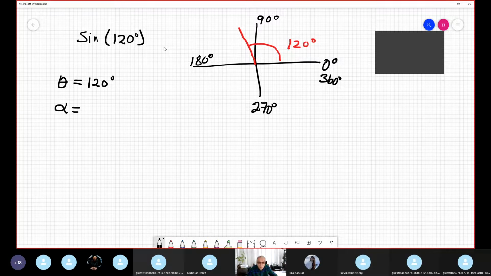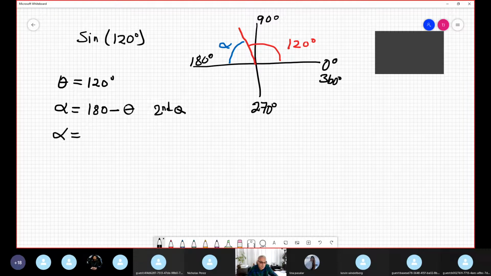Okay, alpha has a formula, but it's easy. Remember that it's the acute angle in between the terminal side and the x-axis, que es this guy. This guy is the alpha angle. Es obvio que es 180 minus 120 is 60. 180 minus theta is the formula in the second quadrant, of course, for the reference angle.